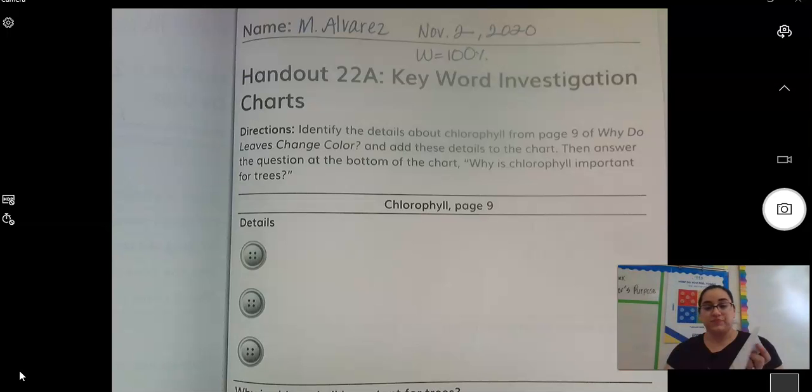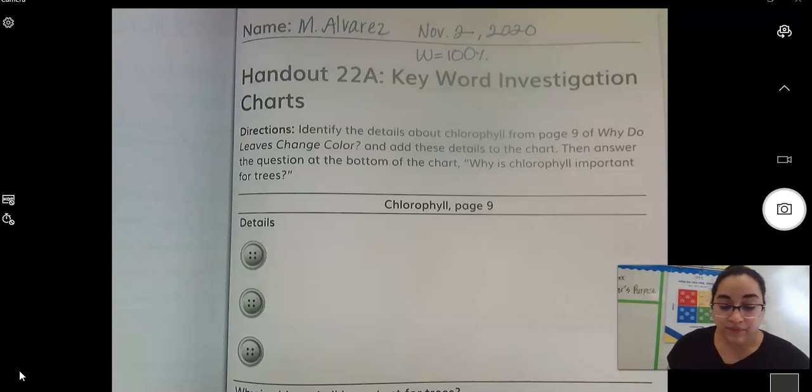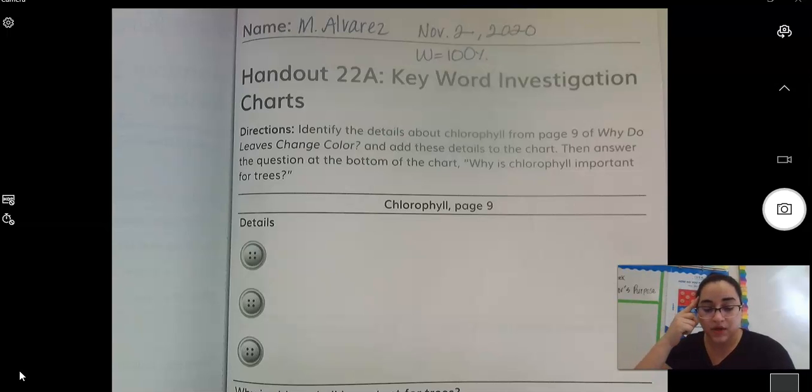Awesome job. Now, what happens to leaves in fall? Think about it. What happens to leaves in fall? If you're thinking that they change color, you are right. They fall off trees, you are right.